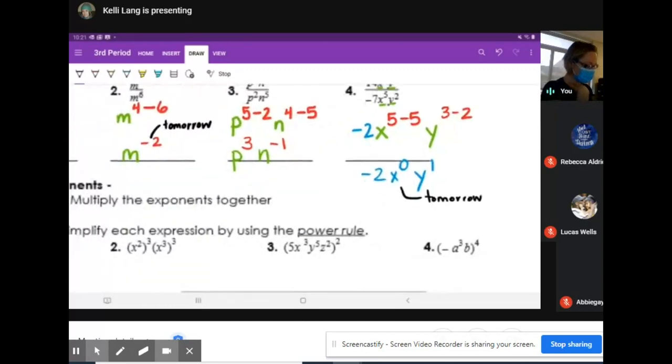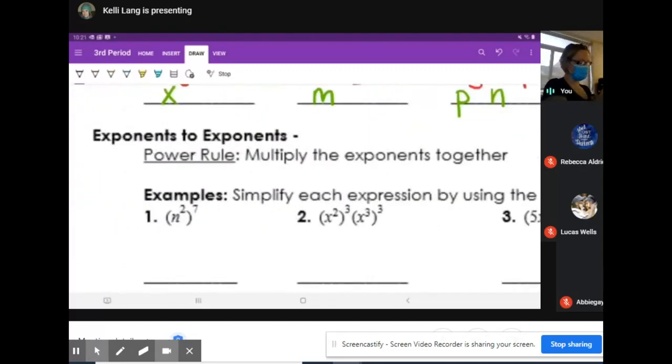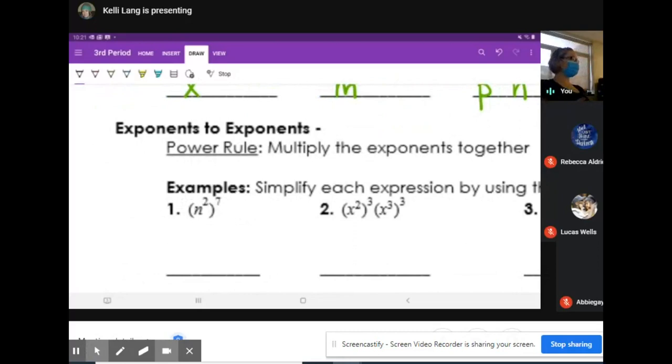And we have one more rule to talk about. This one's not too bad though. So we've talked about what we're doing when we're adding, subtracting, multiplying, and dividing. The next step is when we have exponents on exponents. It's like exponentception or something. So we're going to have exponents all over the place in these problems.